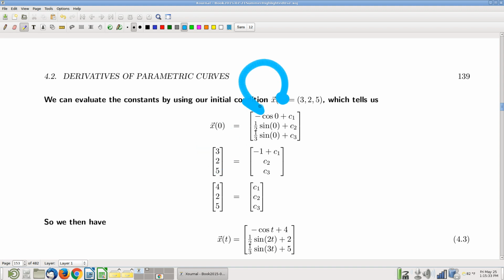T being 0, I plug in to the right-hand side. And all this business here turns into -1, 0, 0. Right, and now you have everything that you need to solve for the C's. And it turns out to be 4, 2, 5. And so plug those back in, and here's your position as a function of time.